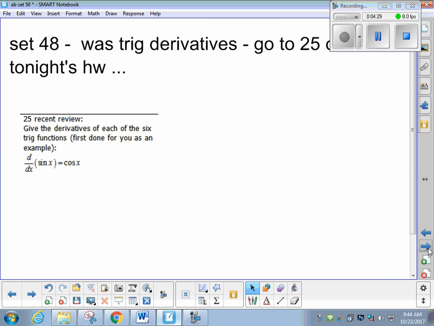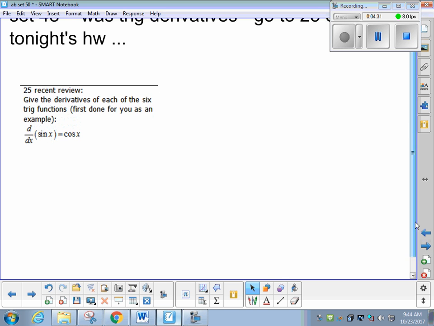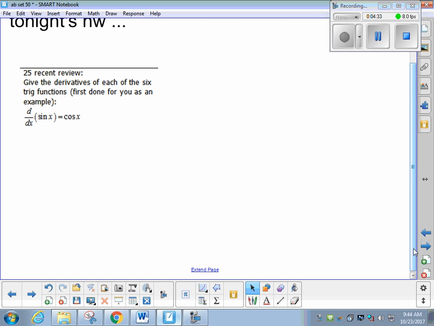Would you go to box 25, please, on tonight's homework? Do you know your 6 trig derivatives? Without your notes. Let this be an indication of whether you need to study a little before the test. Do the 6 trig derivatives. Actually, I gave you one.